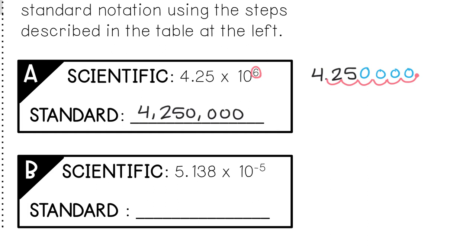Now let's look at example B. My first number is 5.138. I'm going to move the decimal 5 times because that exponent is a 5. And I'm actually going to move that number over some since we have to move our decimal to the left.